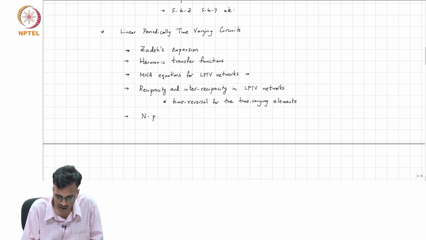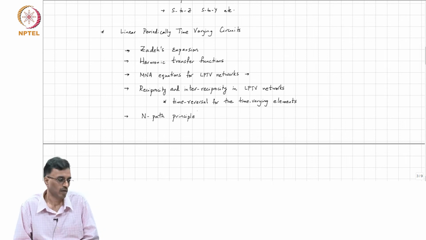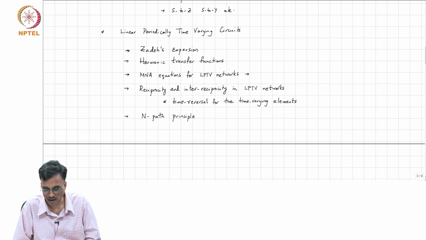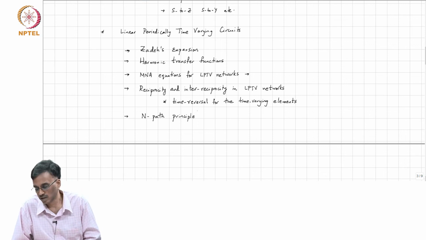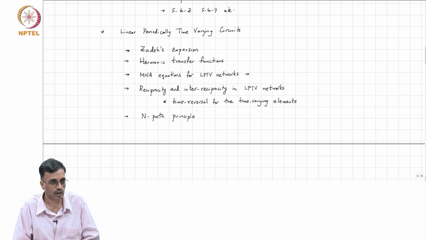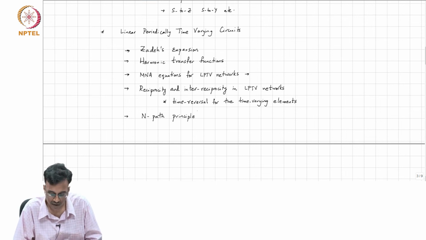We looked at the n-path principle, which is simply a way of making sure that if you put n LPTV networks offset in phase by a fraction of the period, then it appears as if the system is varying at a rate of n times fs, even though in reality none of those systems are; they are all varying at fs, but it is simply a way of combining the outputs of all these systems, so that it effectively looks like a system that varies at nfs.